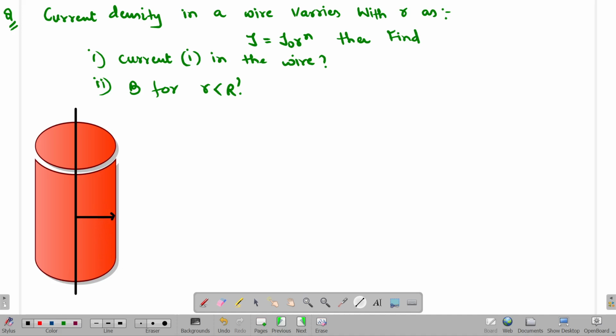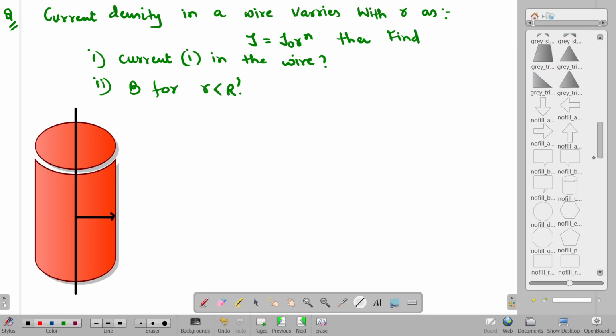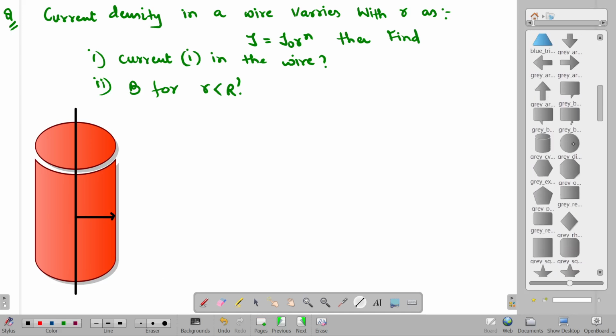First of all, it is asking the net current in the wire, how much is the net current, and second, it is asking to find the magnetic field inside it. So basically, to find the current, I need to first consider a current element in this, isn't it?